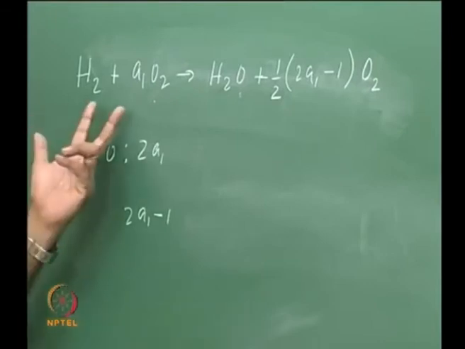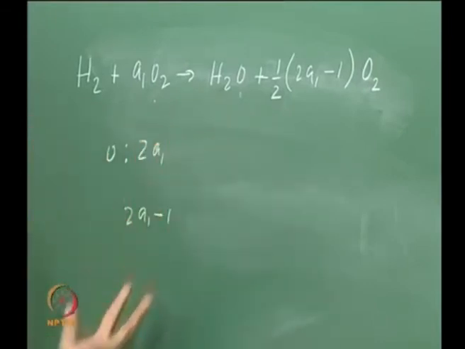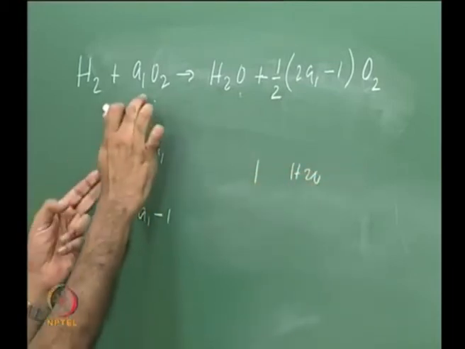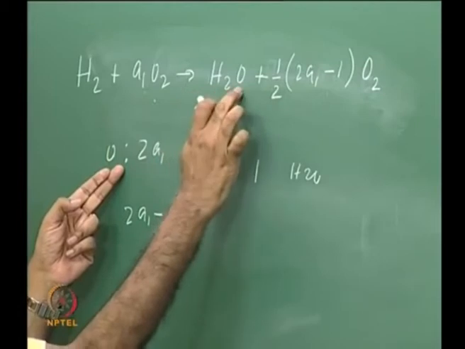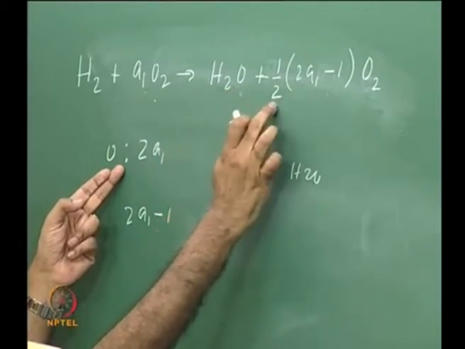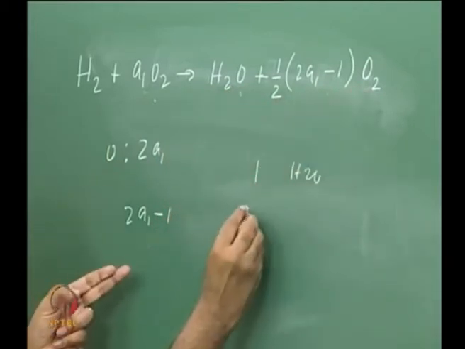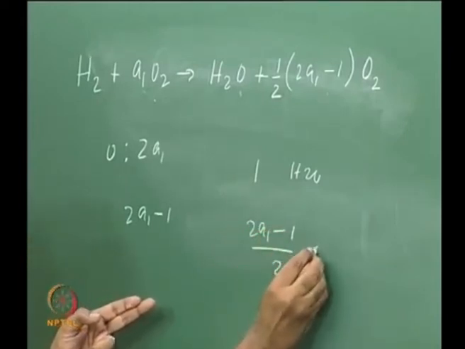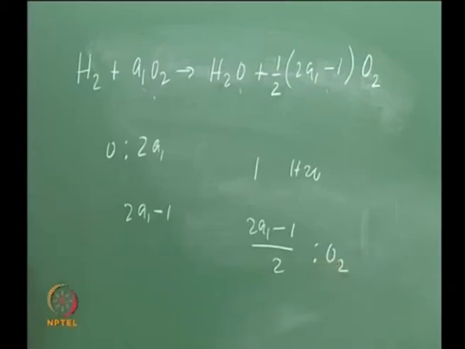If I assume that this reaction is stoichiometric, I get 1 mole of H2O and the balance, that is 2 A1 minus 1 divided by 2, of oxygen is left.